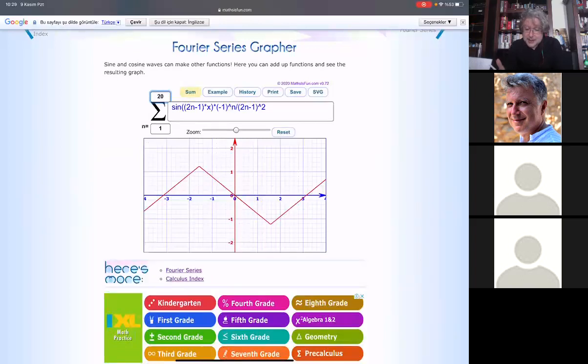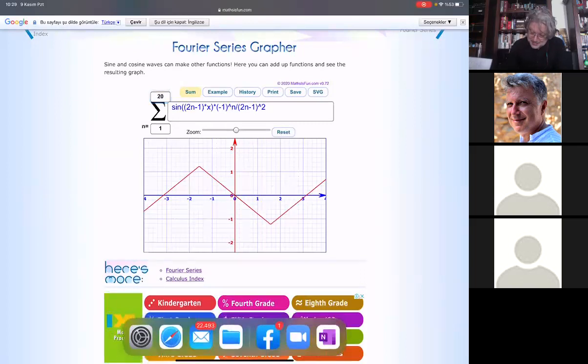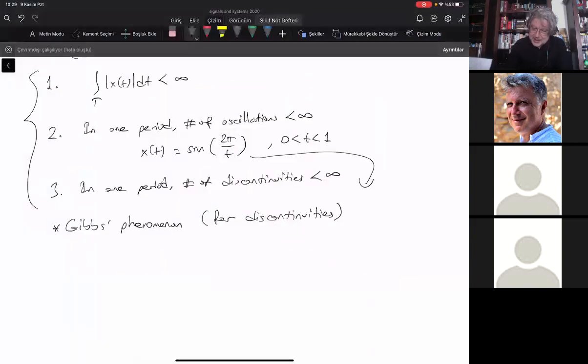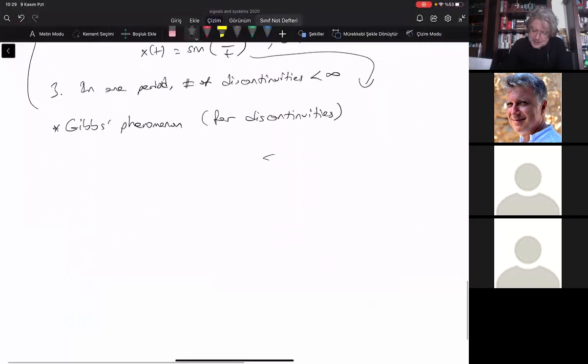And by the way, if you take a look at the formula, it is sine something over (2n minus 1) squared. Now, let me write it. I'm going to erase it, but it's like sine something over (2n minus 1) squared.